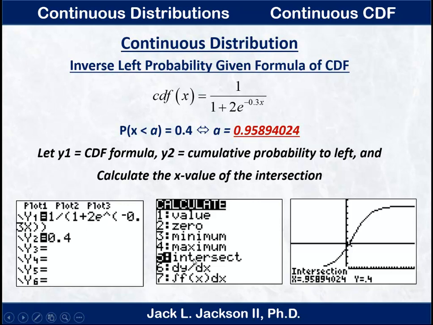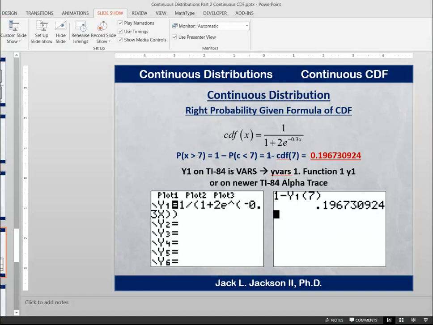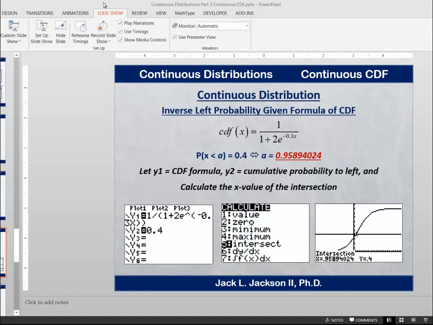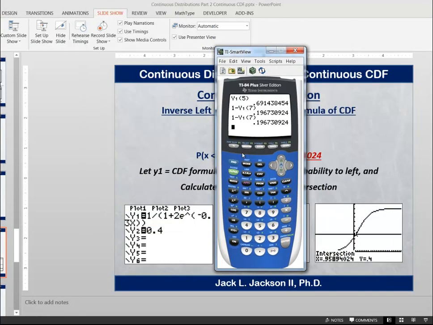On our calculator, second trace is calc, and then you go down to number 5 here, or just second trace, and hit the 5 button. Will be calculate the intersection. Now when you're calculating this intersection, well, let me take you through it here on the calculator. Okay, so we go to here, we put our cumulative probability here, which in this case was 0.4, was it?